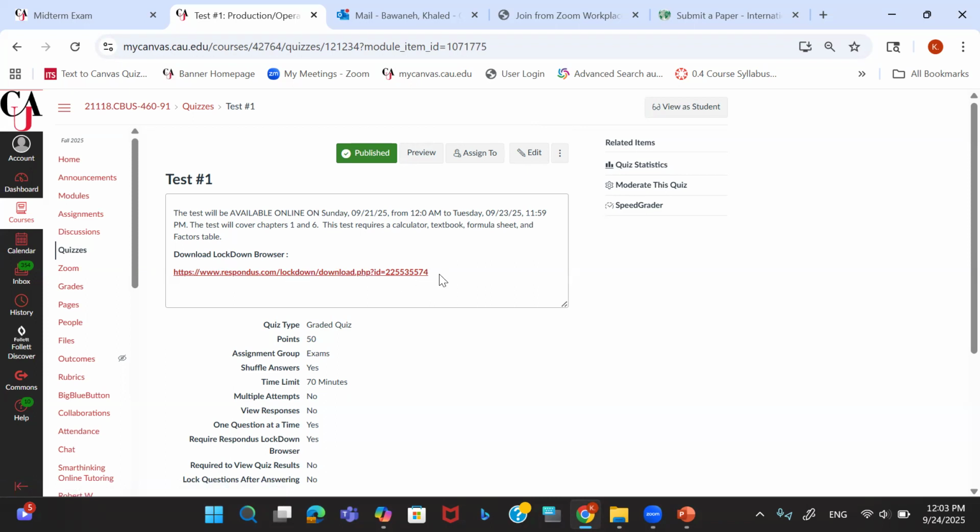But keep trying, and if you end up not being able to take it, just let me know. Okay, we will find another way. But this test is designed to be taken with the lockdown browser, so okay.